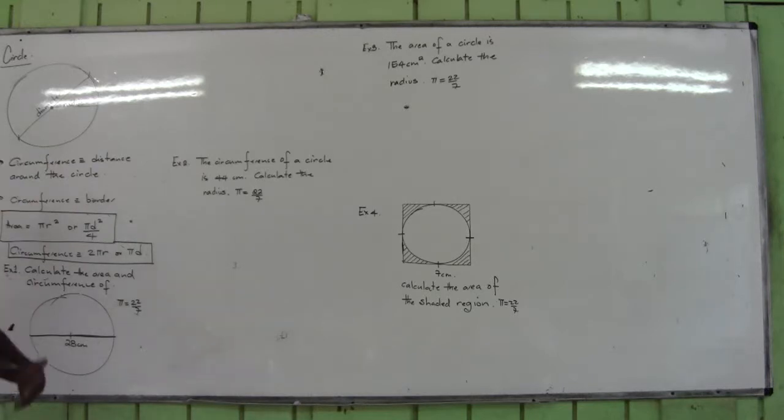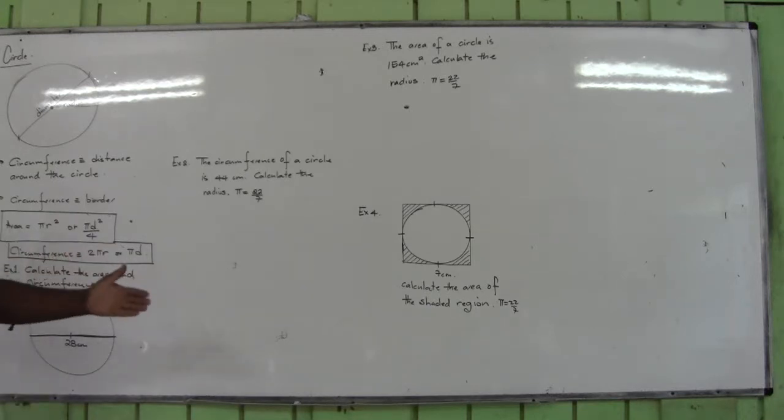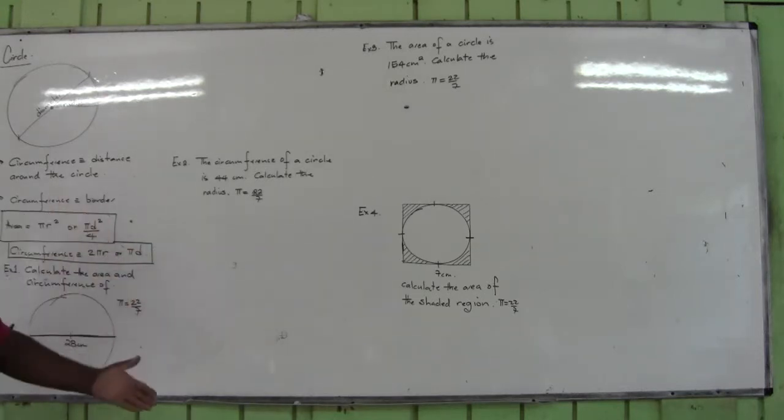Just like some people say that the line from the center to the circumference is the radius, but you also say that the length of the line is the radius. So people are saying that the line itself is the radius, and the length of the line is the radius. Doesn't matter. As long as you know when they say calculate radius, you know exactly what they're talking about.